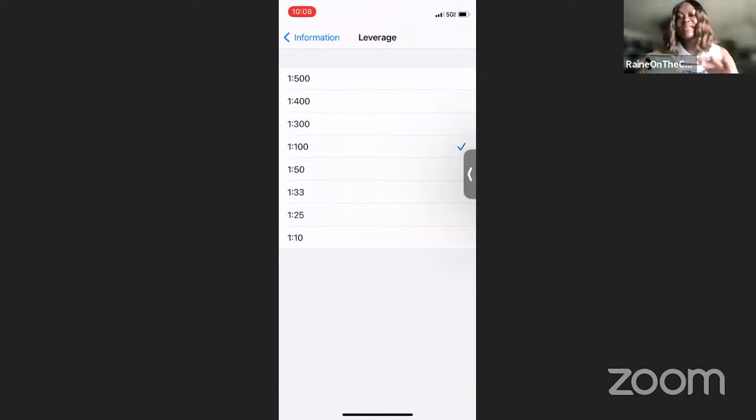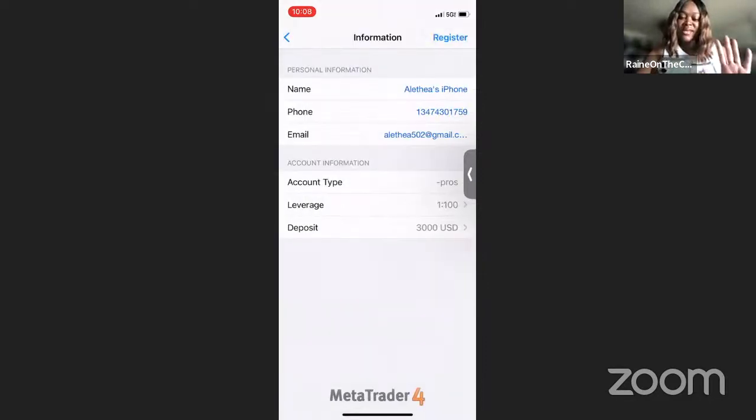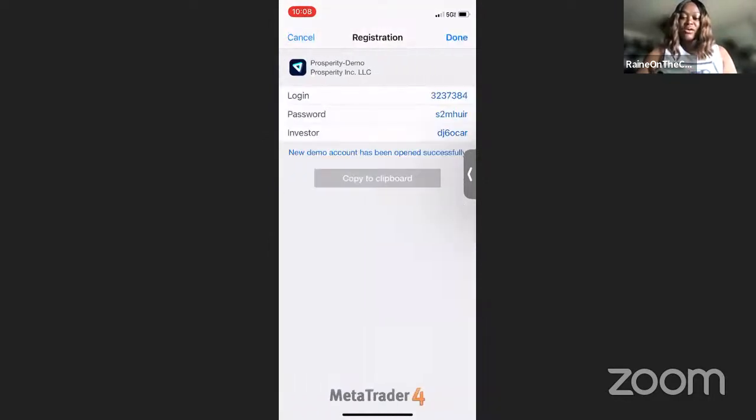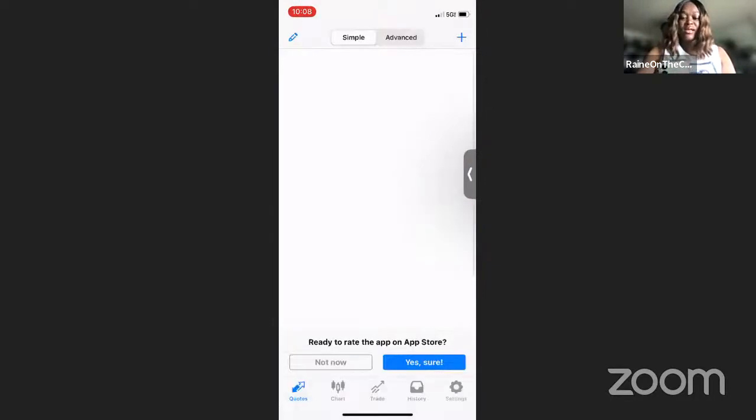So that is a safe area. 1 to 50, 1 to 100 is a good leverage to go with. And once you have that set up, then you can register and now you have your account. Those are the details. You can save it if you want.